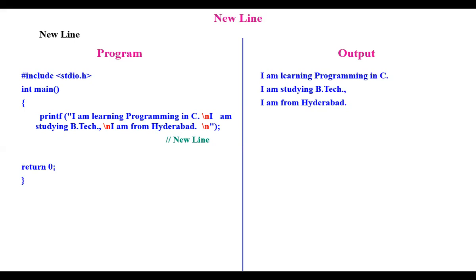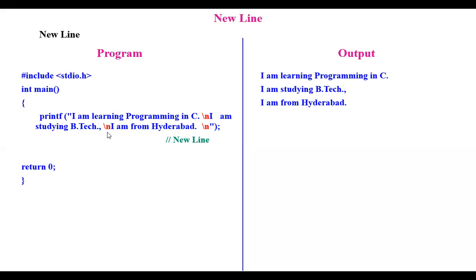The output is interesting now. It's very interesting to see. The output is in 3 lines. Where it is cut, the new line starts after this one. The new line starts at this point. "I am studying" comes to the second line. After this again, we have a new line.